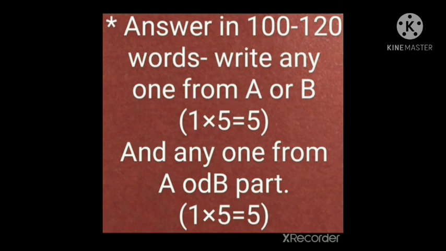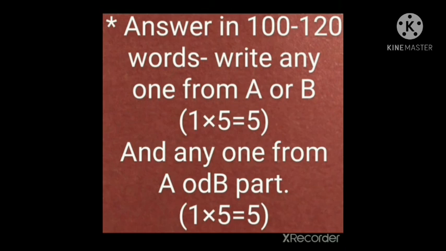The third section of this literature is answer in 100 to 120 words. Here you can see two questions. The first question contains two choices and the second question contains two choices. In the first question you get questions from Beehive.